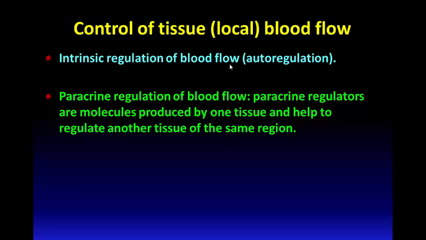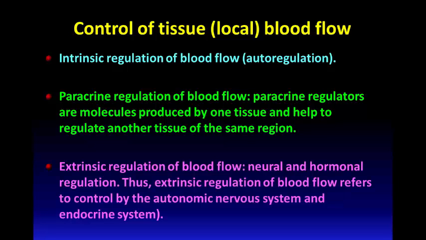By paracrine regulation, we mean the regulation which is done by paracrine molecules produced by one tissue and help to regulate another tissue of the same origin. So we have paracrine regulators or paracrine molecules secreted from the endothelial cells lining the blood vessels, and these paracrine regulators affect the smooth muscle cells which are present in the walls of the same blood vessels.